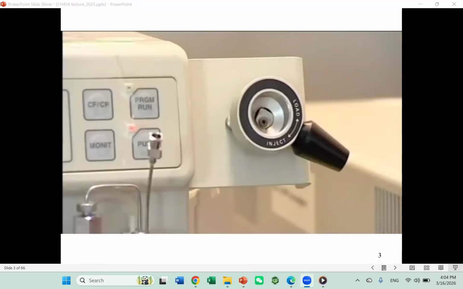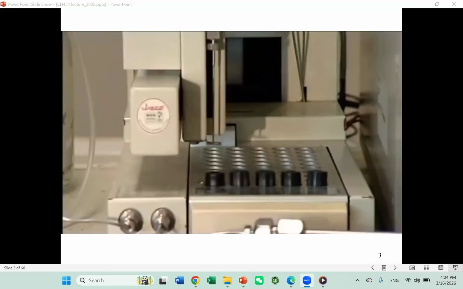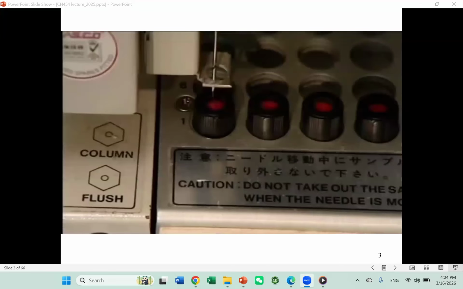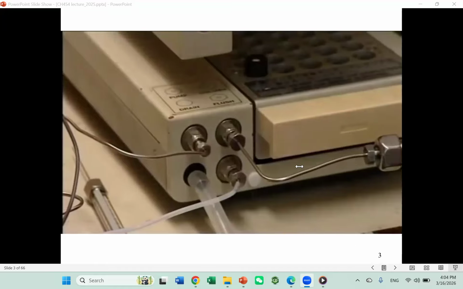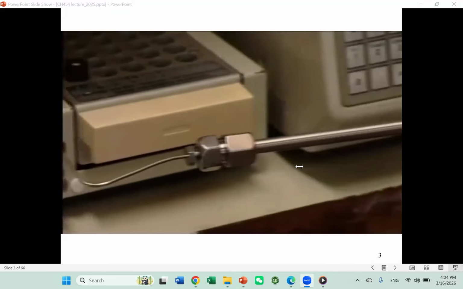If a single sample is to be run, it is injected into the solvent stream here, in the injection port, via a hypodermic syringe. Alternatively, several samples can be run in succession by loading them into this auto sampler, which will run them in order without any human intervention. Pumps force the mixed solvents through the column.